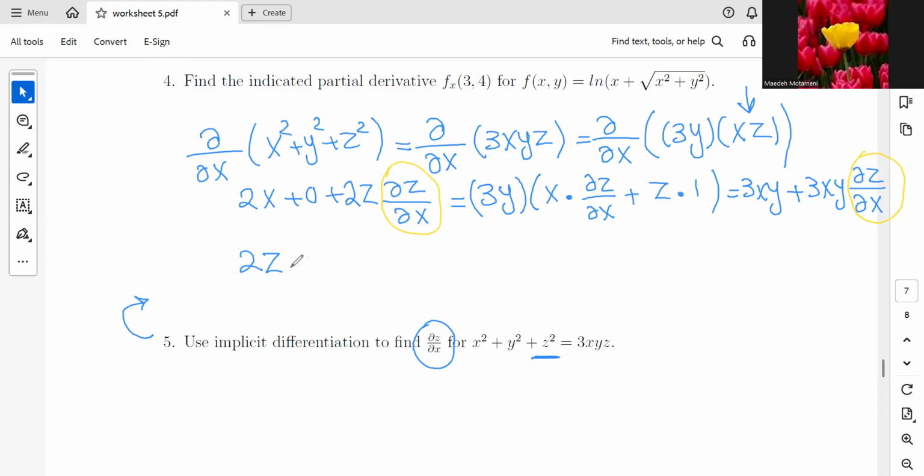So 2z times derivative of z over derivative of x minus 3xy derivative of z over derivative of x is going to be 3yz.